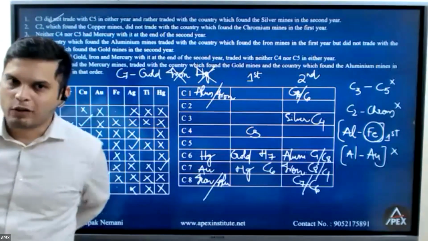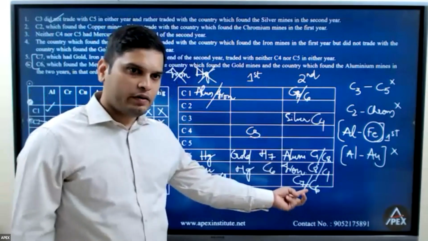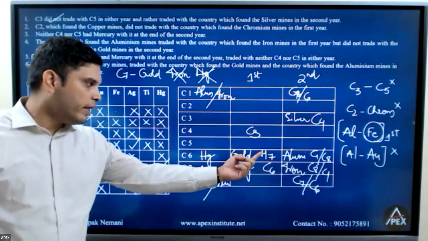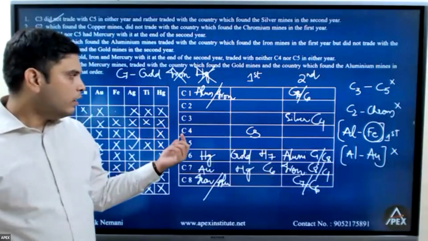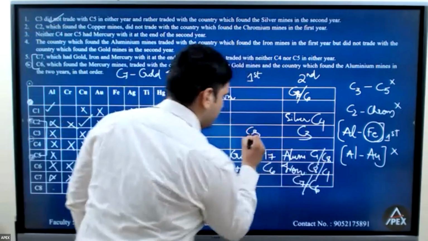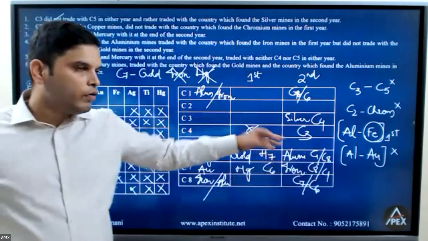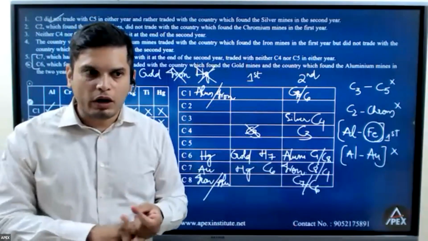C5. That's the only one left. Let's say 1 traded with 6, 8 traded with 7. 6 traded with 8, 7 traded with C1. Sorry, this should be here, my bad. 3 traded with 4, 4 traded with 3. So 6 of the 8 numbers are done, and you are left with 2 and 5.